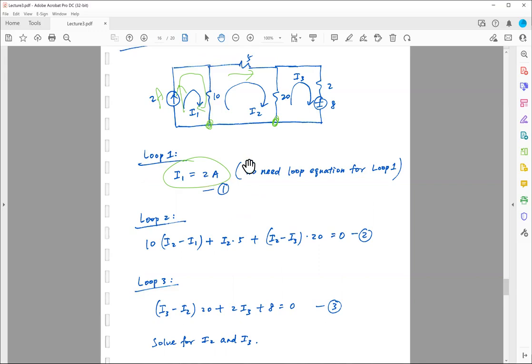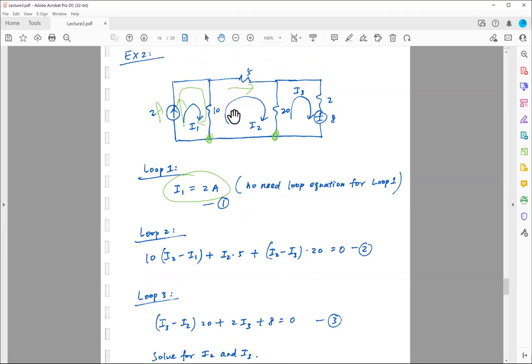And notice that for this loop analysis, you don't have to always use clockwise for the direction of current. If you want, you can also use counterclockwise.